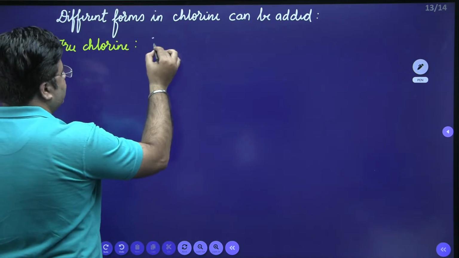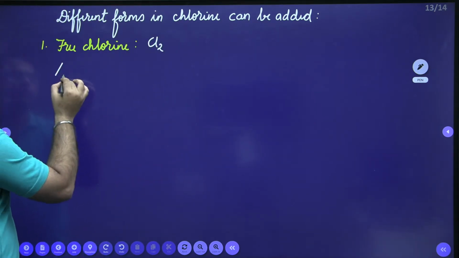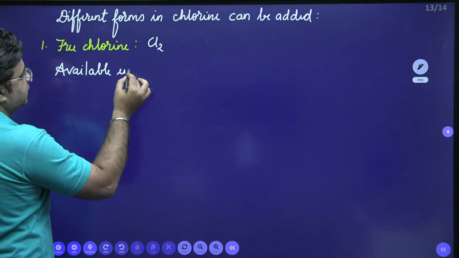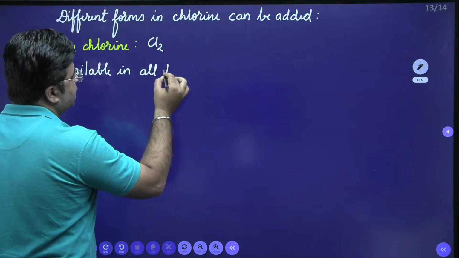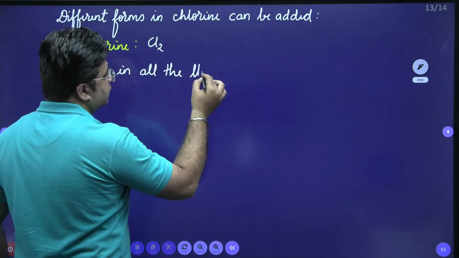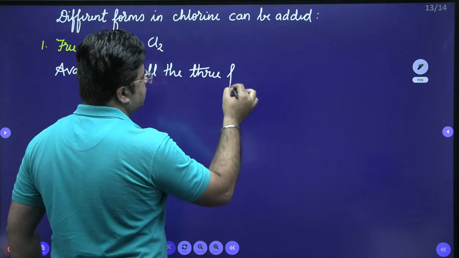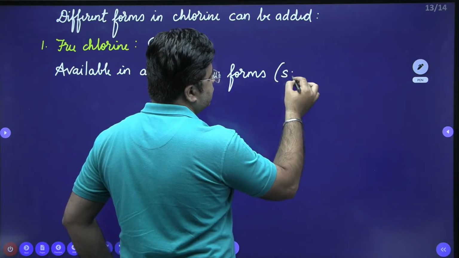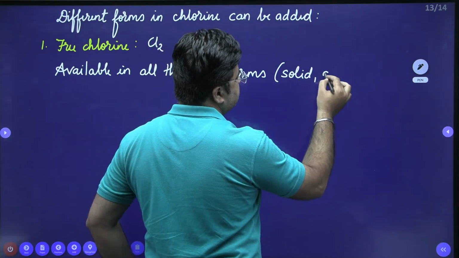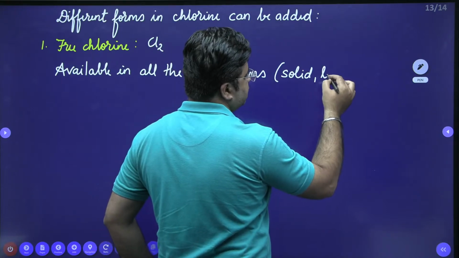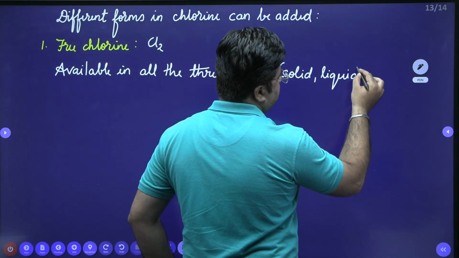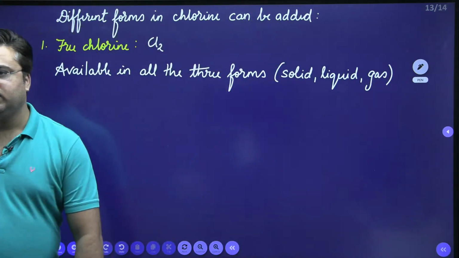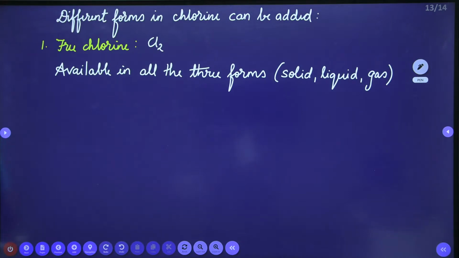Free chlorine, Cl2, is available in all the 3 forms, that is solid, liquid and gas.